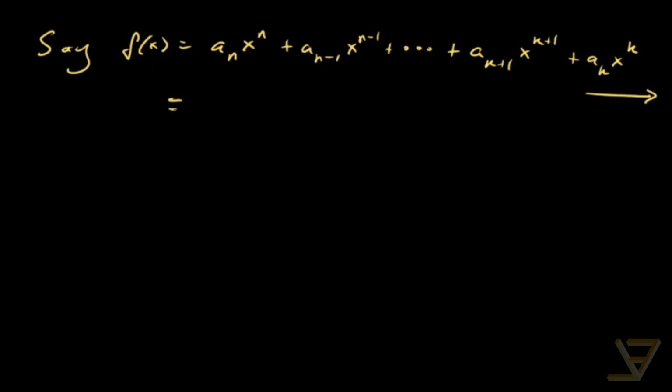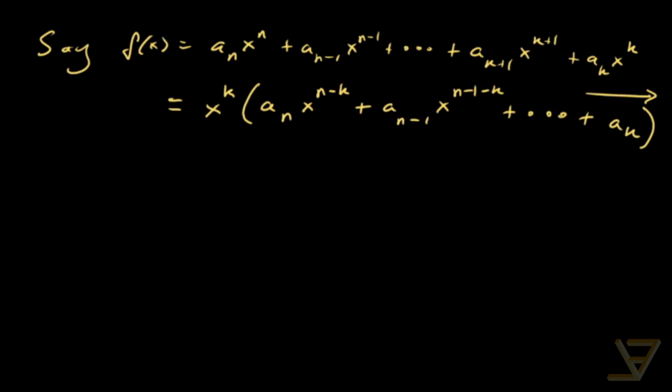What we can do is factor out an x to the k, so we get a_n x to the n minus k plus a_{n-1} x to the n minus 1 minus k, and we keep going until we have just a_k.